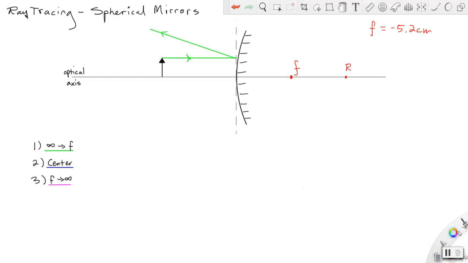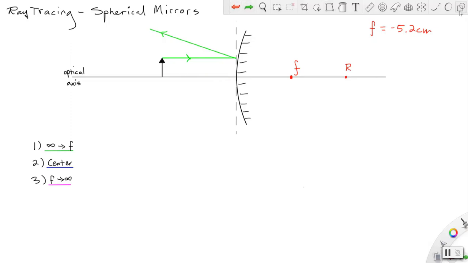Center ray. Now we're going to look at the center ray a little bit differently here, and actually this isn't one that your book mentions, but I like it this way because we have three principal rays that are true for every device that we use, and we don't have to remember which ones are which.